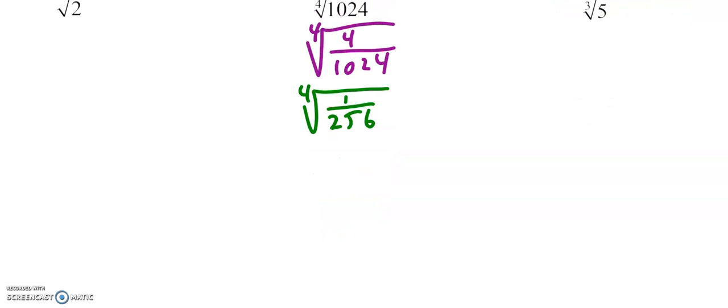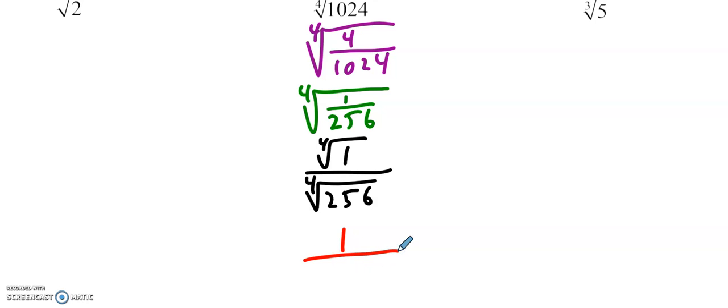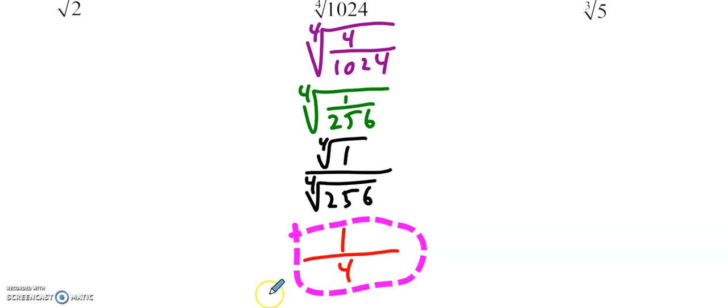And now I'm actually going to separate this again, and I'm going to do the 4th root of 1 over the 4th root of 256. I can use my calculator for the denominator if I don't know it, but the numerator, the 4th root of 1 is 1, and the 4th root of 256 is going to be 4. And again, I got that from my calculator. We have seen how to type that in. So I end up with 1/4.